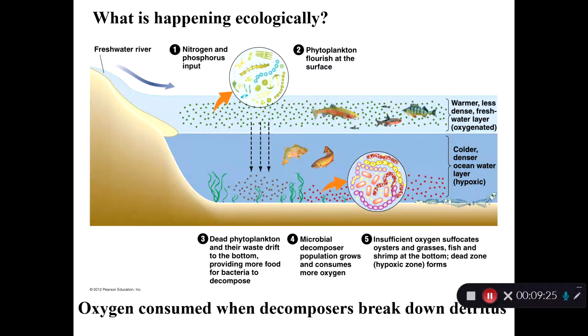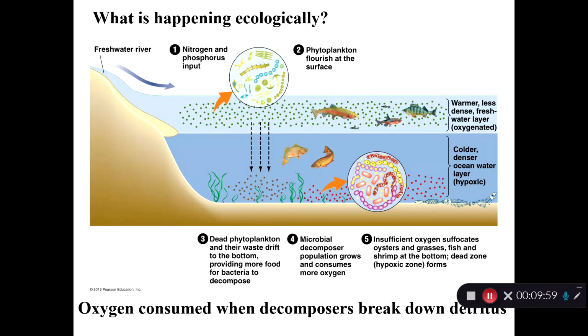As that biomass accumulates, you start to have what's called a high demand for oxygen in the system. That's because your decomposers are going to be consuming oxygen as they break down all of that dead organic matter that's being produced by the phytoplankton. At some point, that oxygen demand can become so high that you don't have enough oxygen in the system to support your species that need higher oxygen levels, right?